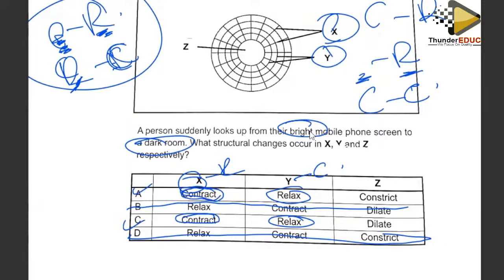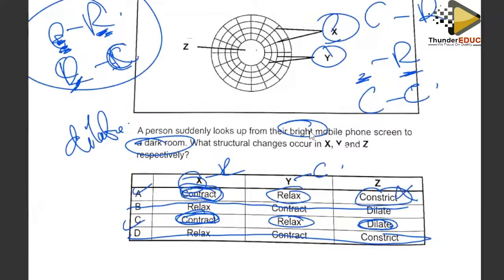So still we are on the same track. Then the diameter of the pupil: when you look into the darkness, you open your eyes widely so that much more light can enter the eye. So the diameter of the pupil has to dilate. It must dilate.